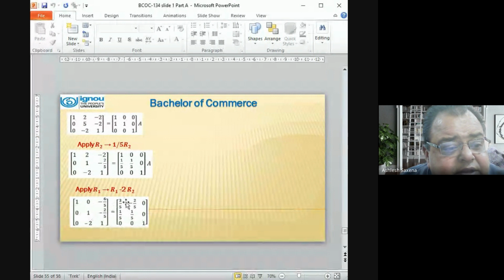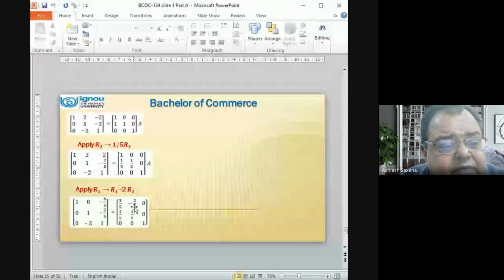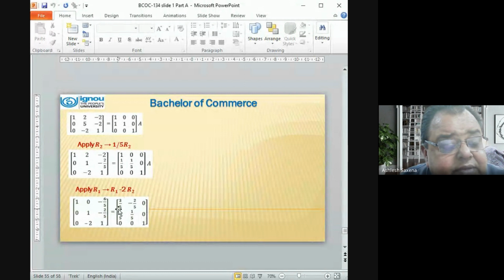And the same operation will be performed in these two parts, because we will be using over here 1 minus 2 by 5. That will be 3 by 5, and minus 2 by 5, this is minus 2 by 5. This will remain 0.